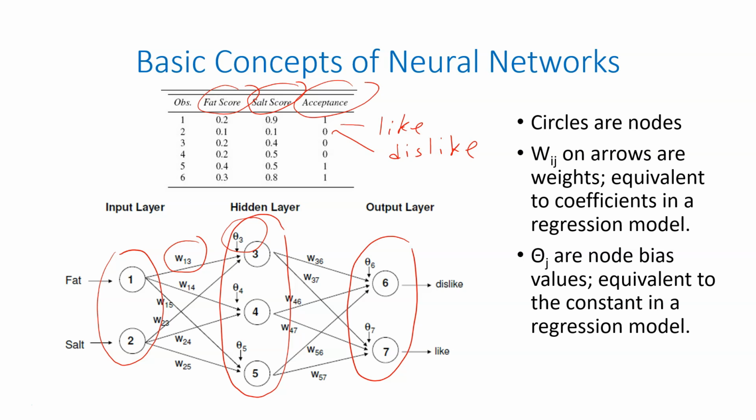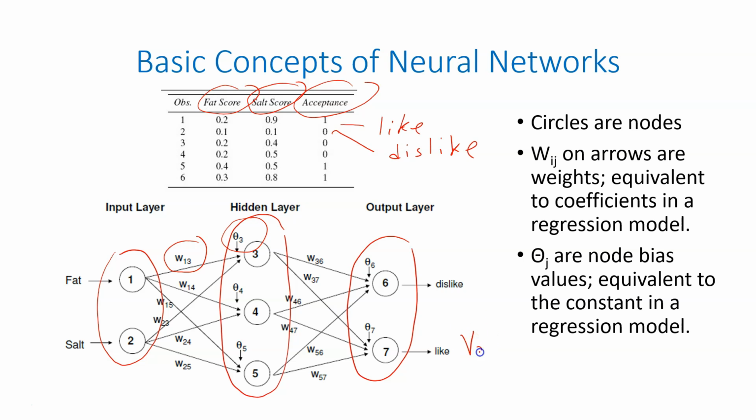Except in the case of neural networks, the constant is replaced by the node bias theta, and the betas or coefficients are replaced by the weights. For example, to compute the weighted sum for node 3, we will use the following formula.